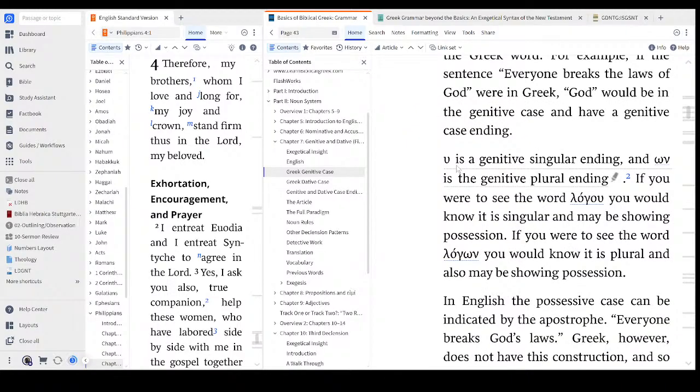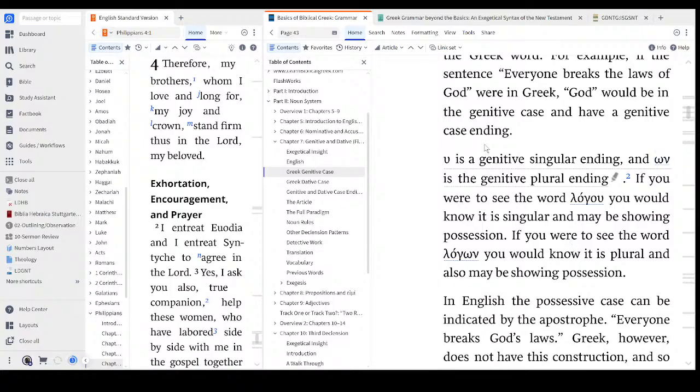That is the letter U. In Greek, it is called an upsilon. So that little U there is called an upsilon. Upsilon is a genitive singular ending. And omega nu is the plural genitive ending.